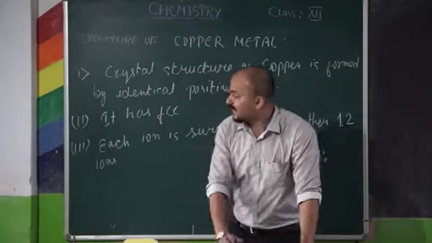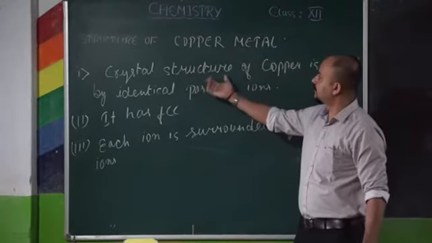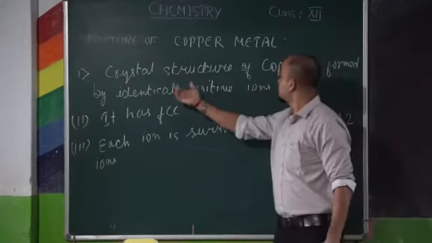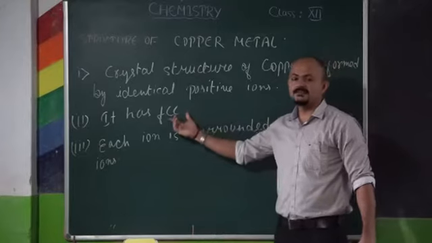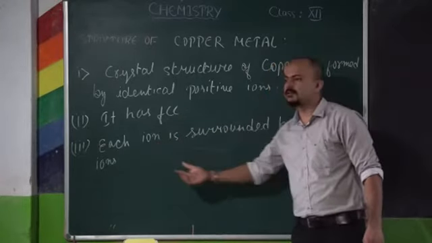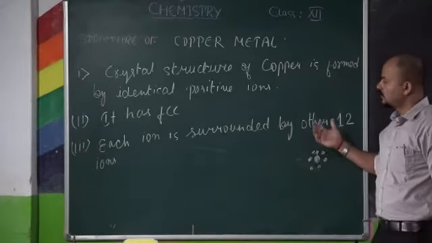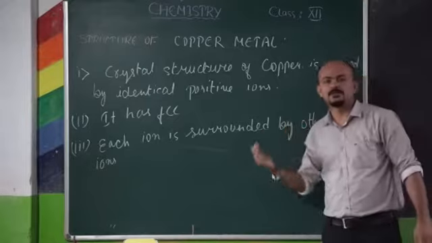So these are the things that you have to remember from copper metal. The crystal structure of copper is formed by identical positive ions. It has a face-centered cubic lattice, and each ion of copper is surrounded by 12 other ions. 6 of them will be lying on the same plane, 3 above the plane and 3 below the plane.